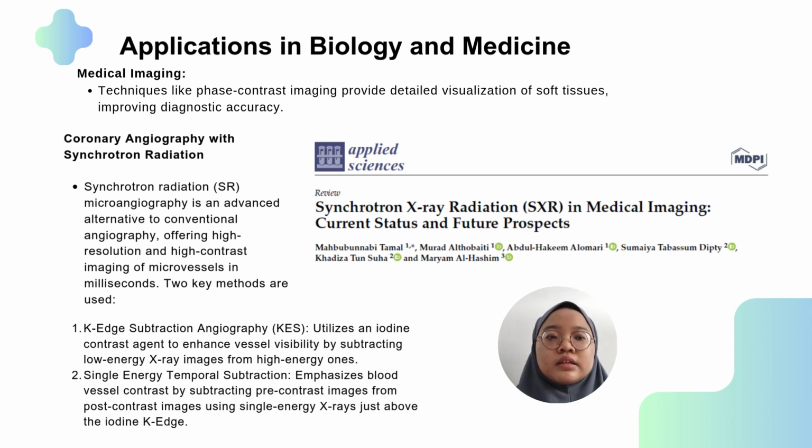From this article, they said that they use the single energy temporal subtraction method to emphasize blood vessel contrast by subtracting the pre-contrast image from the post-contrast image, using single energy X-ray just above the iodine K-edge. The iodine K-edge is another method of medical imaging.